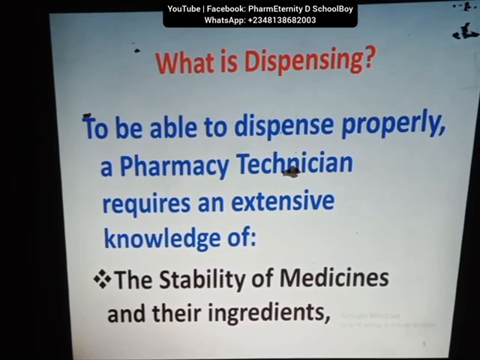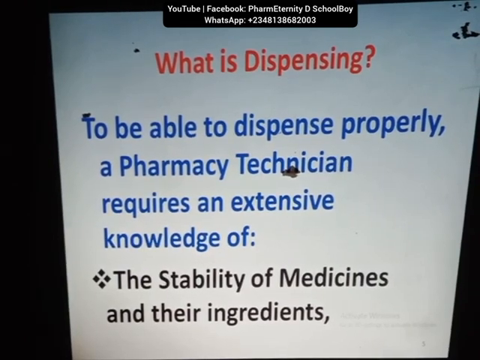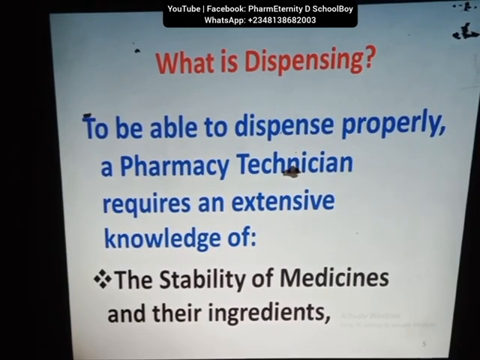Now, for a pharmacist or anybody that is licensed to dispense medicine, the following skills and knowledge are very important. Number one, knowledge of stability of medicines and their ingredients. There is need for a pharmacist or pharmacy technician dispensing medicine to have a sound knowledge of the stability of these medicines and their ingredients.